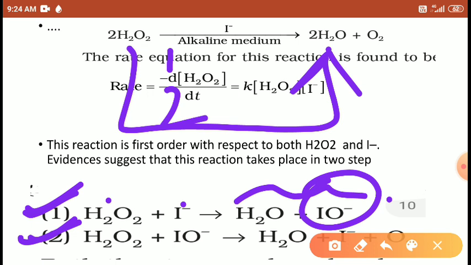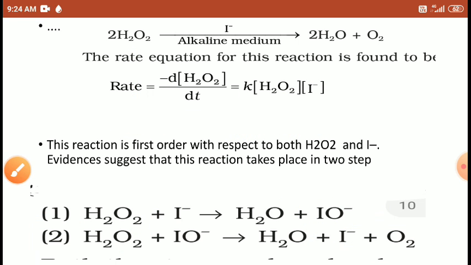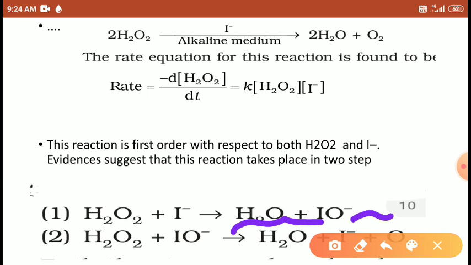This iodine oxide again reacts with one more hydrogen peroxide to form water, iodine and oxygen. So iodide is a catalyst here. We cannot consider it a product. But the oxygen and water are formed here. Right, friends?